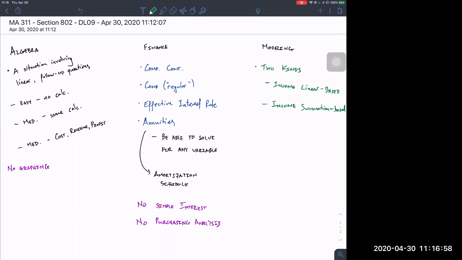And then of course, for practice, if you look at some of the harder problems I have, there might be a combo of those, but on the final, there won't be.